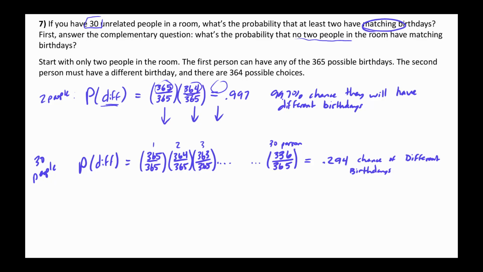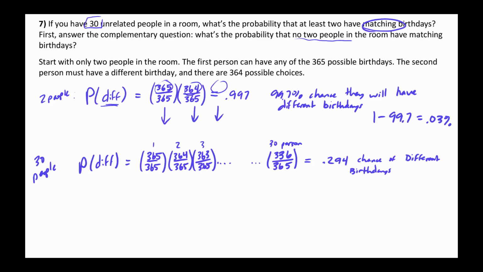So for example, with the 2 people up here, I know it's 99.7% chance likely that they will have different birthdays, but if I take 1 minus that 99.7, that's the likelihood that those 2 people, if they were the only 2 people, would have the same birthday. And it's 0.03% chance. Not very likely that 2 people in a room, if they just met, would have the same birthday.